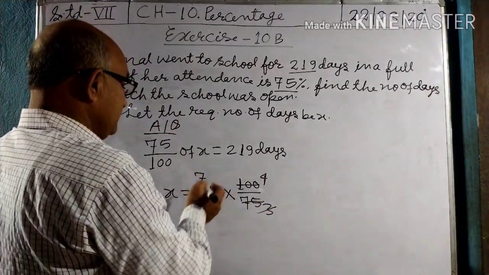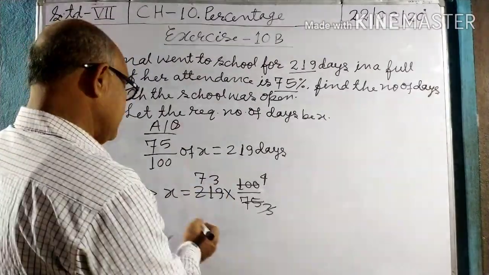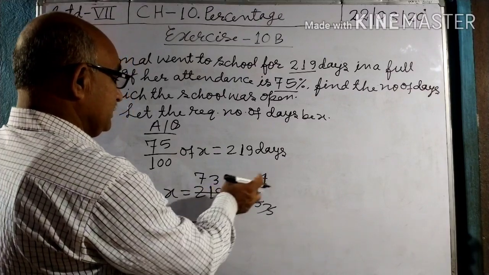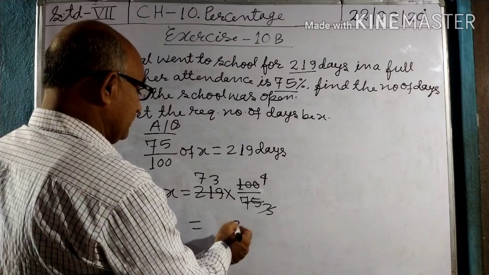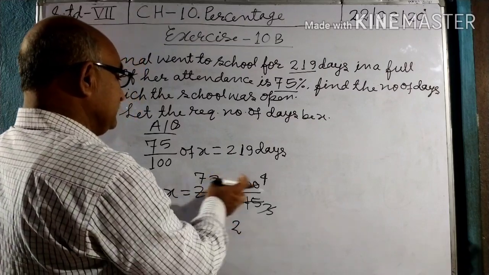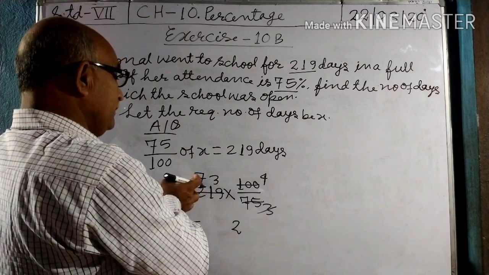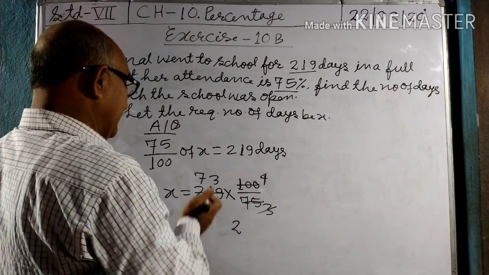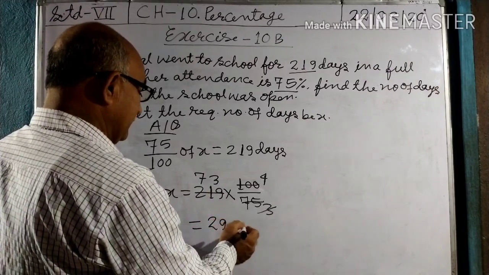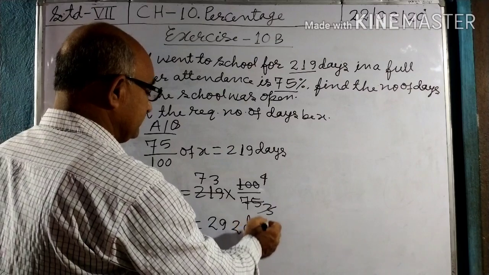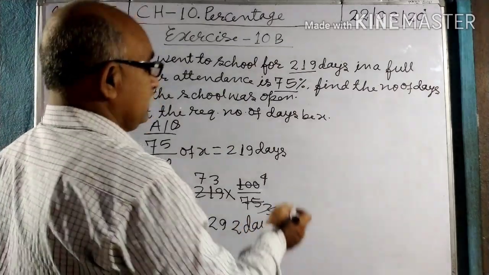So 3 sevens are 21 and 3 threes are 9. Then 3 fours are 12, 2, carry 1. 7 fours are 28 plus 1, 29. So 292 days. Answer.